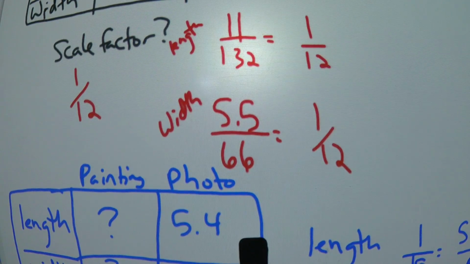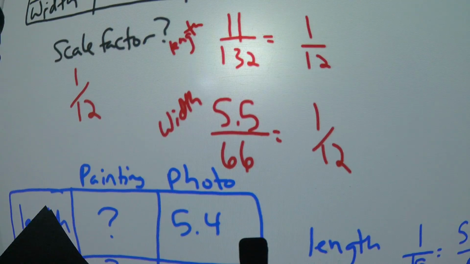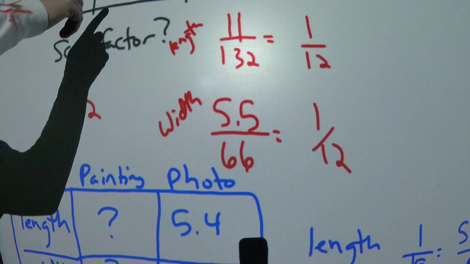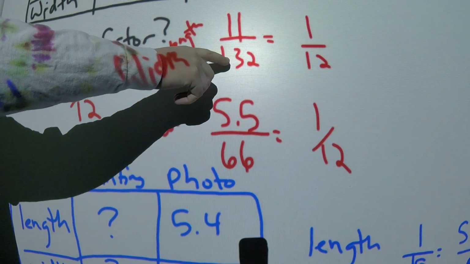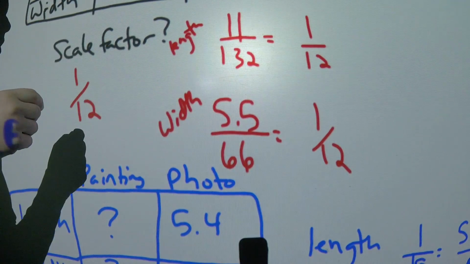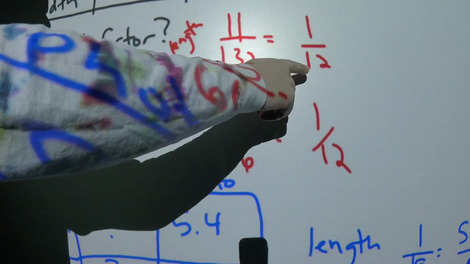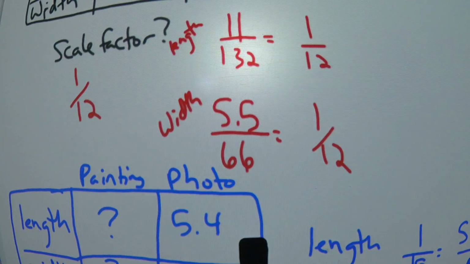So if you're wanting to find a scale factor, which is what we're trying to do in the first problem, you take the length of the model over the length of the race car, and you find that the scale is 1/12.